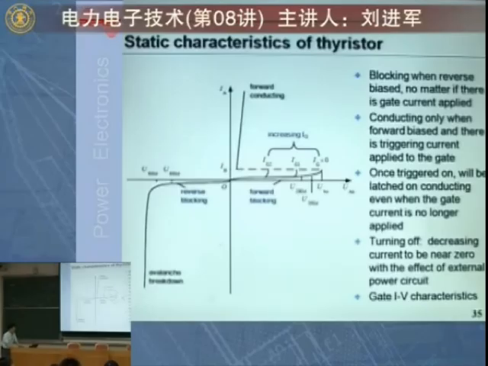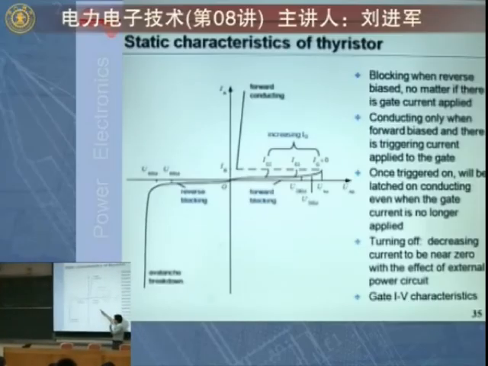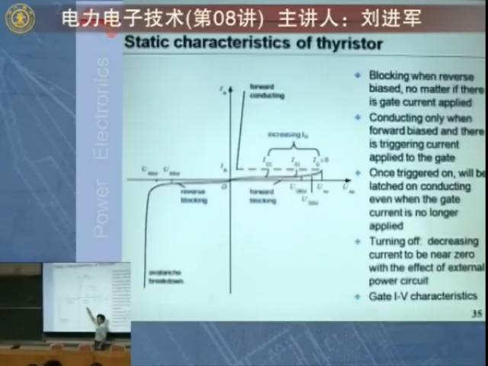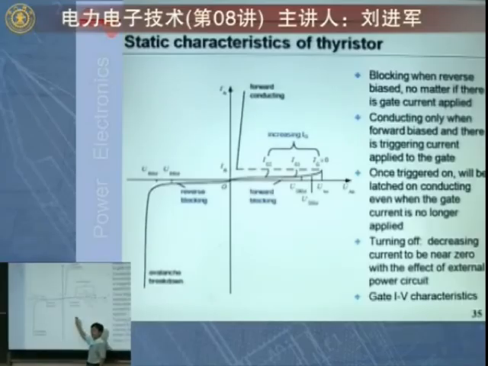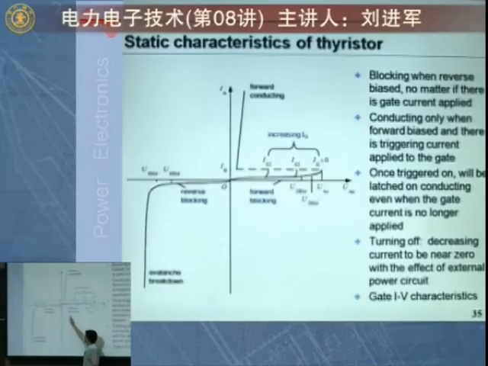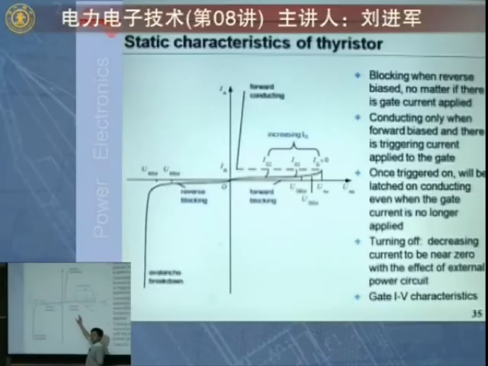Look at this curve first. If you do not inject gate current, that means Ig equal to 0, then there will be no current flowing through the thyristor. So even if you increase the voltage across A and K, there will be very small current, just leakage, until this voltage is too high.